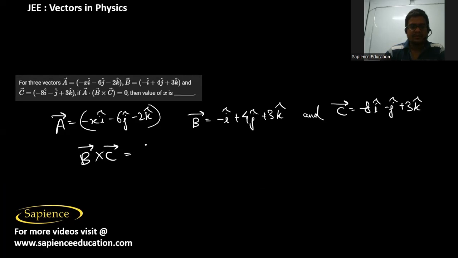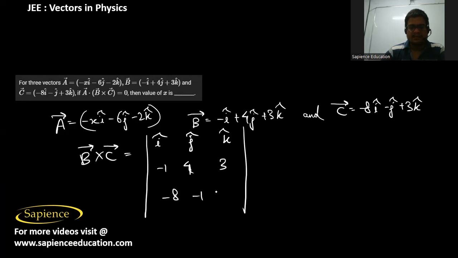So b cross c will be the determinant of i, j, k, then the components of b first, that is minus 1, 4, 3, then components of c, that is minus 8, minus 1, 3. So this will be plus, minus, plus.